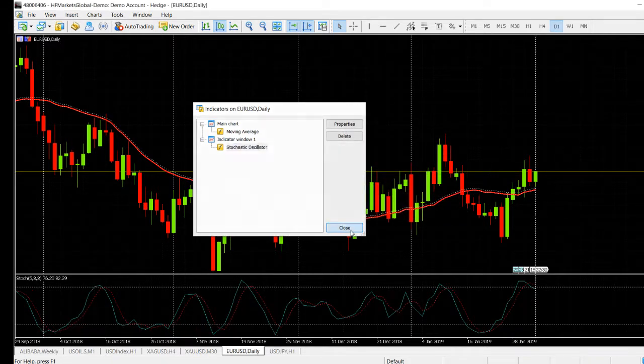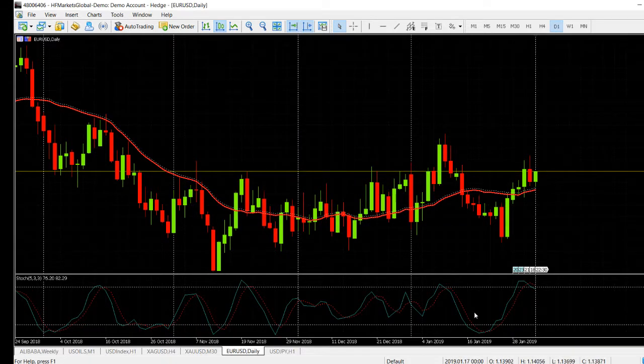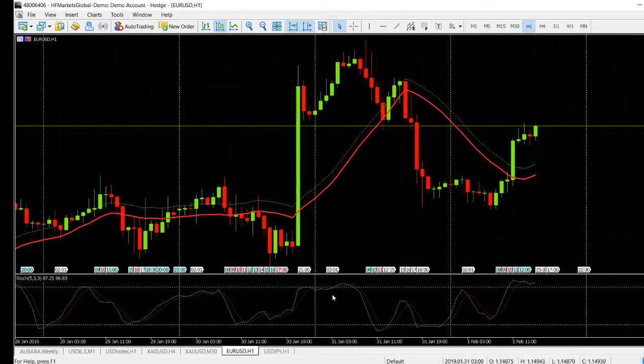You can see that everything is changed here, because it's the daily chart. So a 4-hour chart or a daily chart is better to use with stochastic 5, 3, 3. And if you go to the 1-hour chart, you have to change the settings.